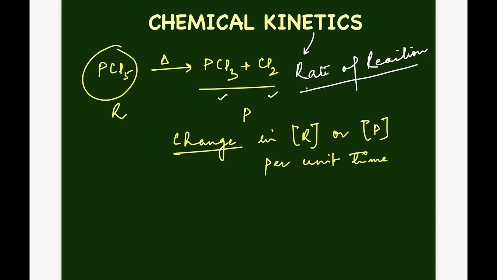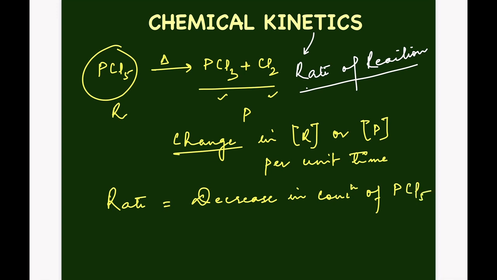So in this reaction, how will you define the rate? Decomposition of PCl5, rate of this reaction will be equal to decrease in concentration of PCl5 divided by time taken.